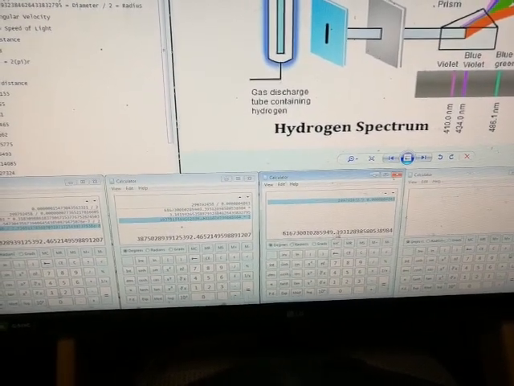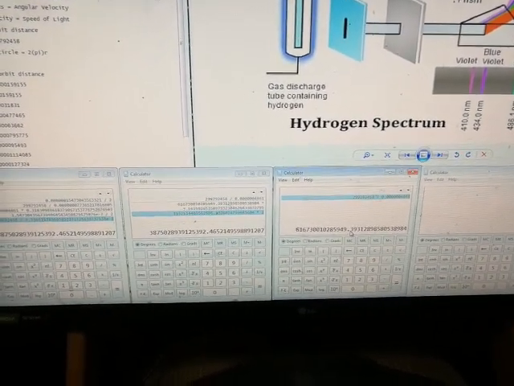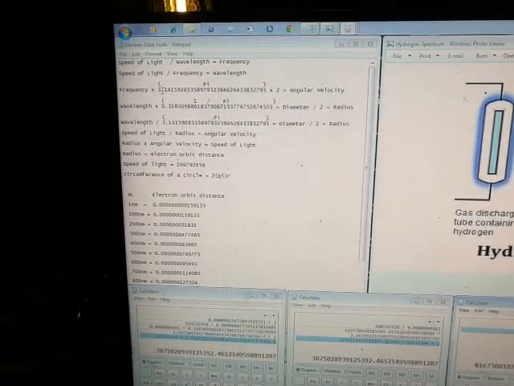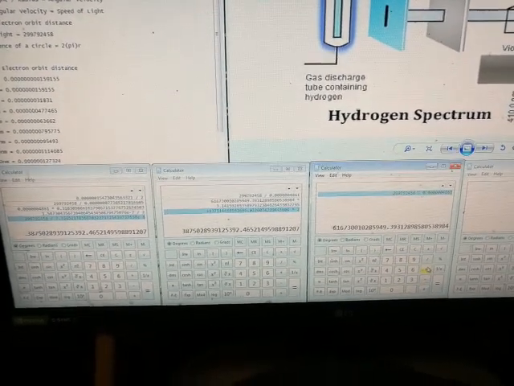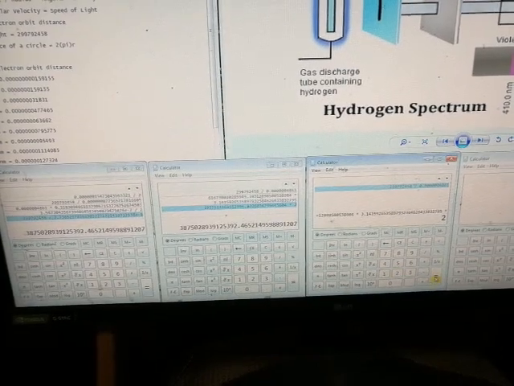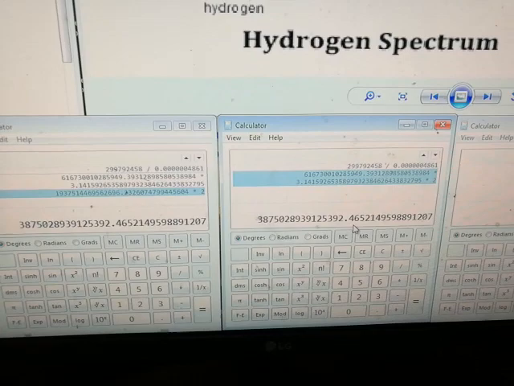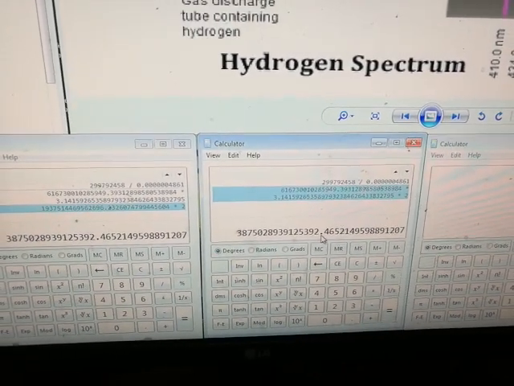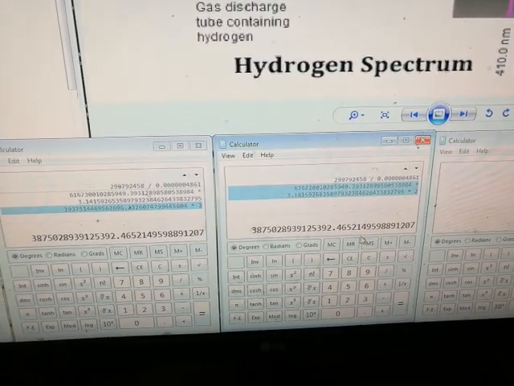This is its frequency, how many times it orbits per second at the speed of light. So now we take frequency, times it by pi, times it by 2, and this is what we get for angular velocity by using speed of light, wavelength to get frequency, and then using frequency and pi.